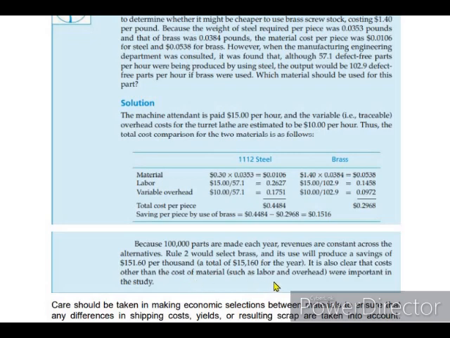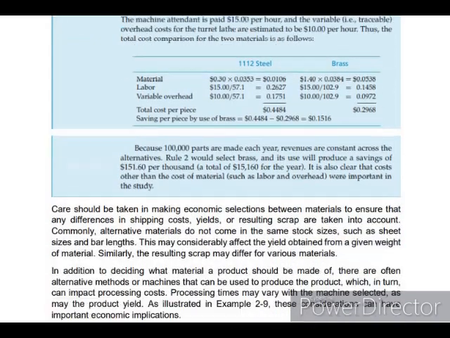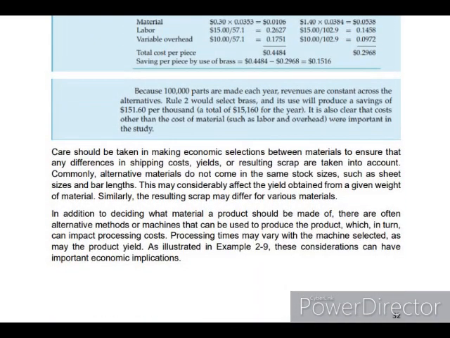Okay, so it is also clear that the costs other than the cost of material, such as labor and overhead, were important in the study. So why? Because they also contribute to the computation of the cost. Okay, so care should be taken in making economic selection between materials to ensure that any differences in shipping cost, yields, or resulting scrap are taken into account.